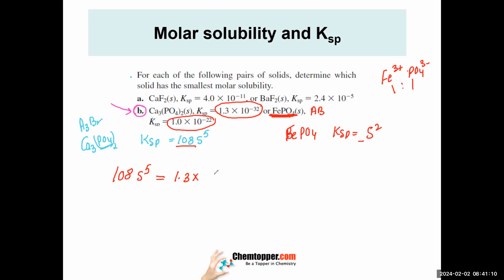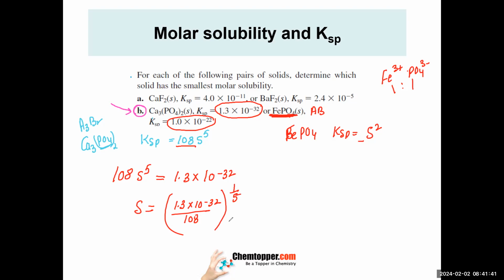Ksp is 1.3 times 10 raised to a minus 32. So what is S? Can you calculate S? That is 1.3 times 10 raised to a minus 32 divided by 108, raised to power 1 over 5.